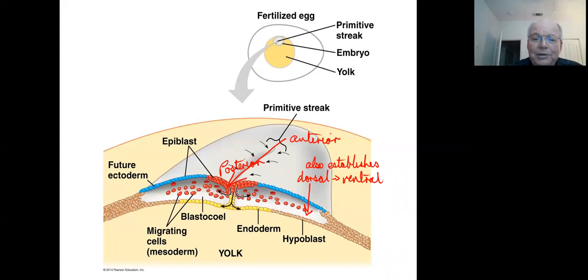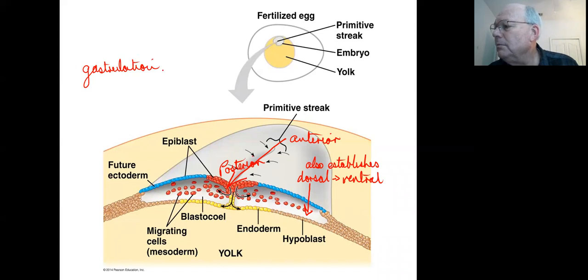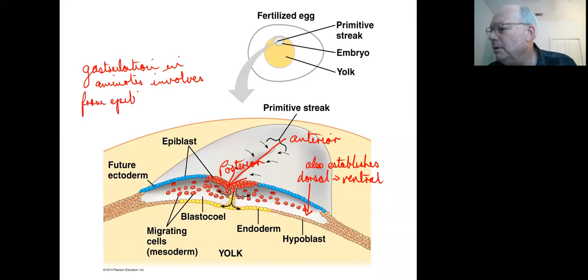So one of the things that we need to recognize here is that gastrulation in amniotes involves cells from the epiblast only.